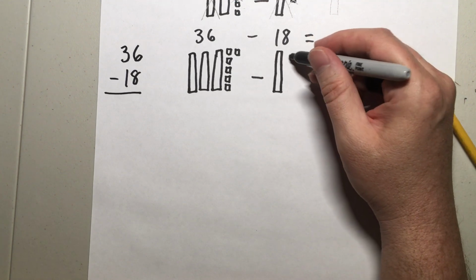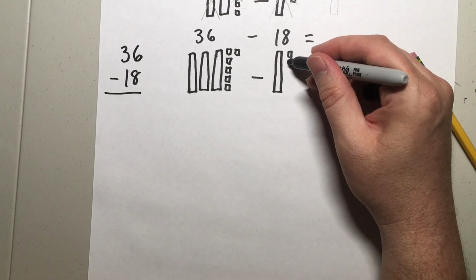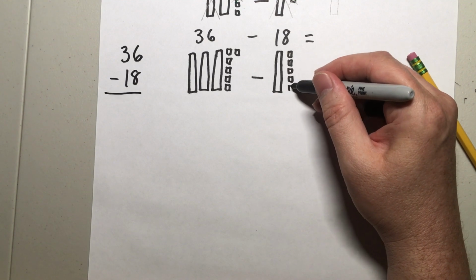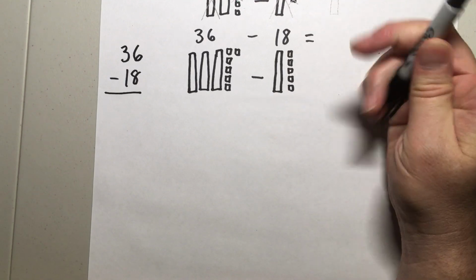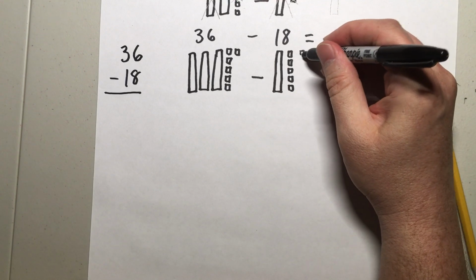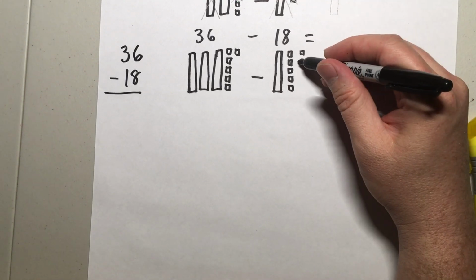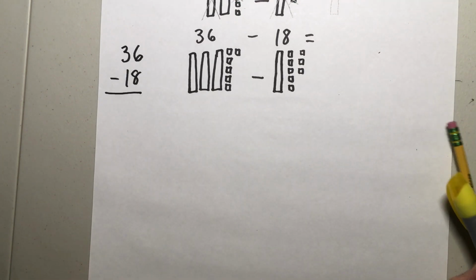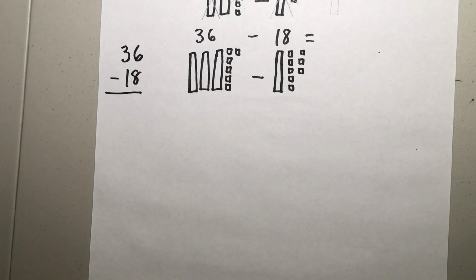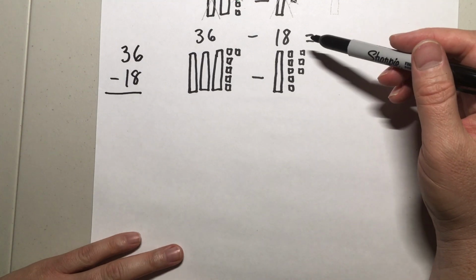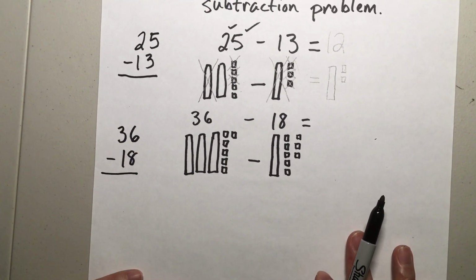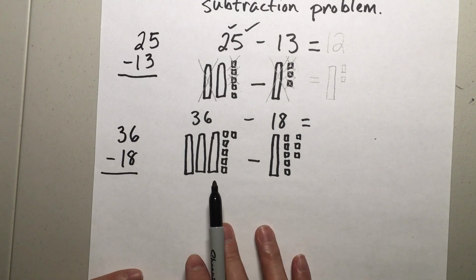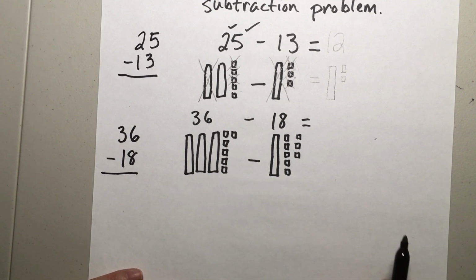Okay, on this side, I'm going to take 18. 1, 2, 3, 4, 5, 6, 7, 8. Organize myself here a little bit. Okay, so remember what we did for this example on top. We have to take away an equal amount from each side.